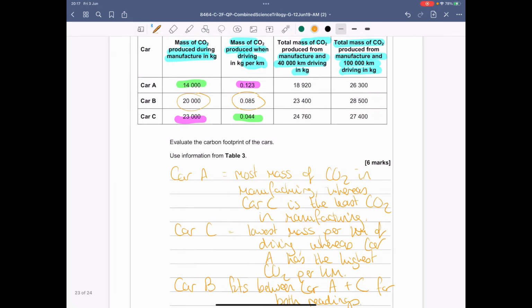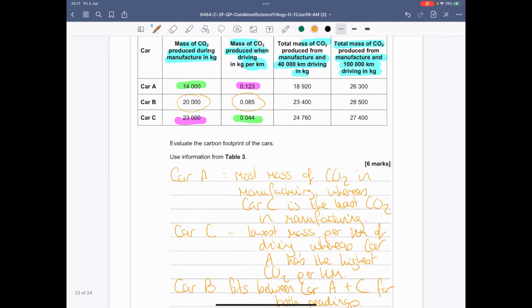The next part we could say could be regarding the total mass of CO2 in manufacture after 100,000 kilometres of driving. And as we can see, car A still has the least amount of CO2 compared to B and C. B is actually in the lead, so that one is potentially the worst.